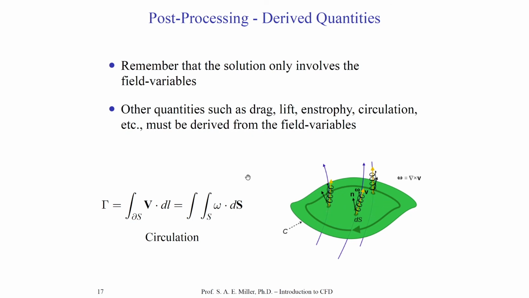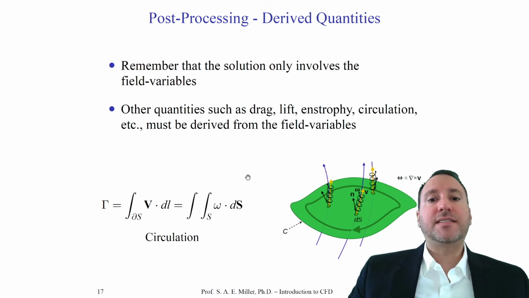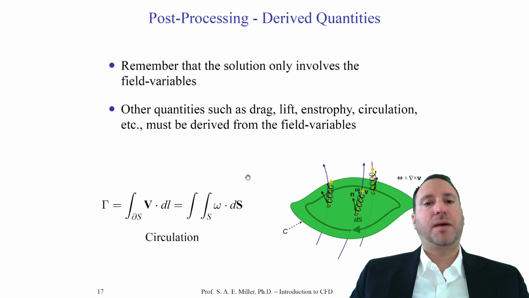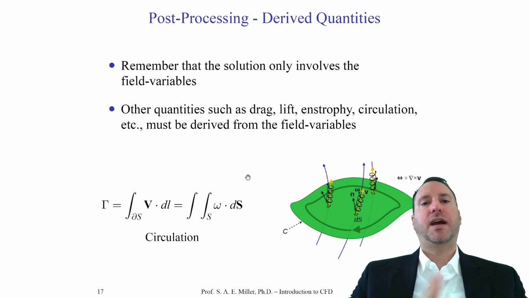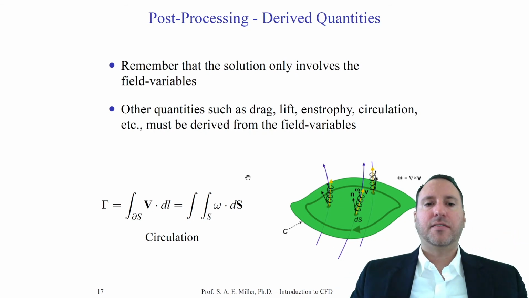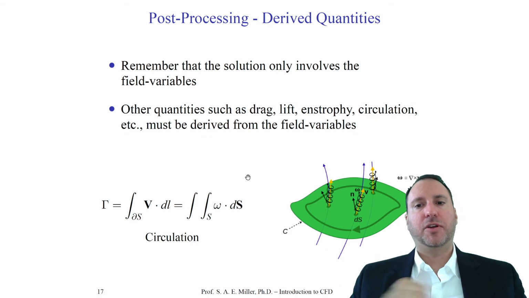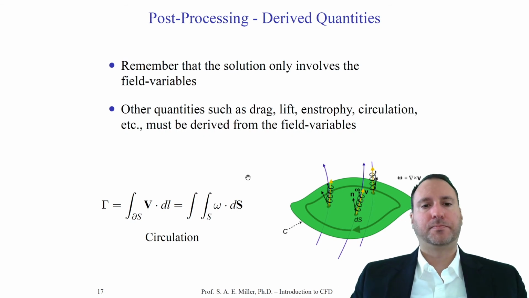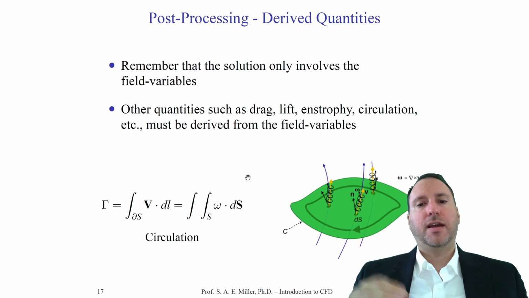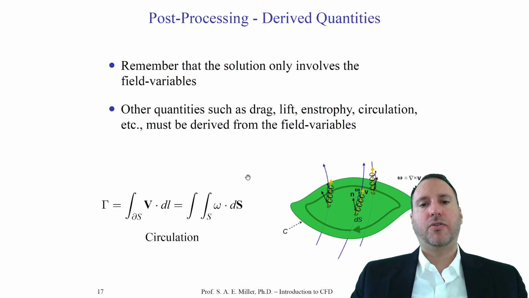The CFD solver is not going to give you circulation directly, and it's not going to give you vorticity directly. The first step would be to take the velocity components at every point in space and find nabla cross u. Then I would do an integral where I want to account for the circulation in the flow. This is one example of a derived quantity.